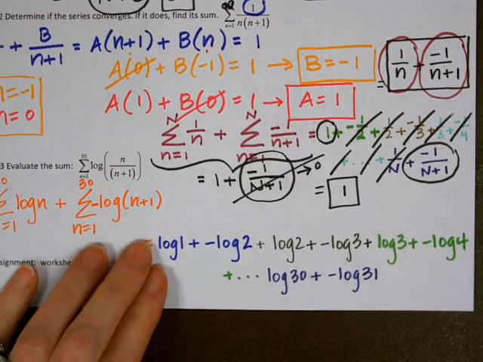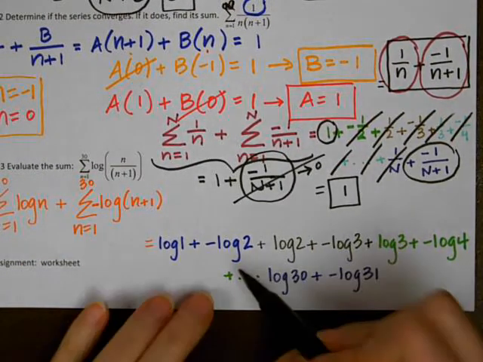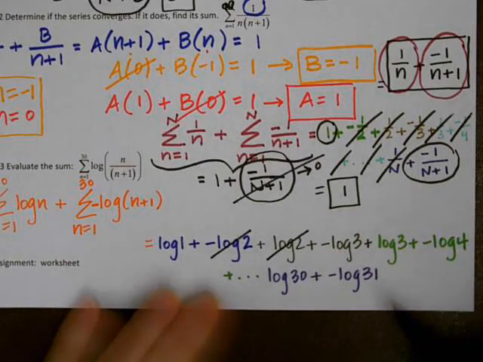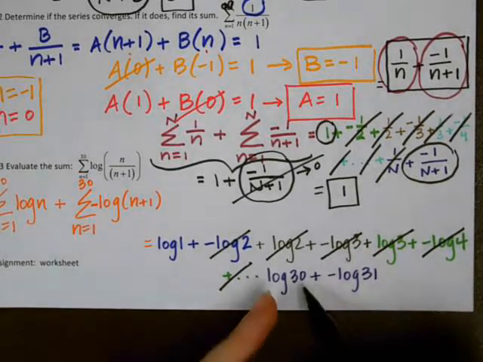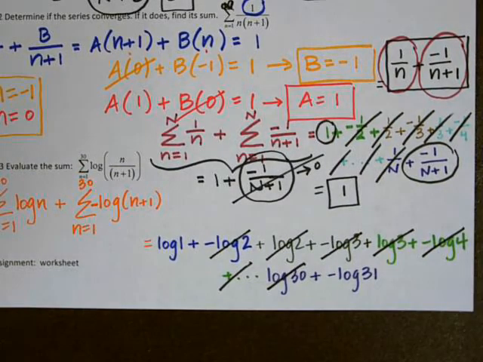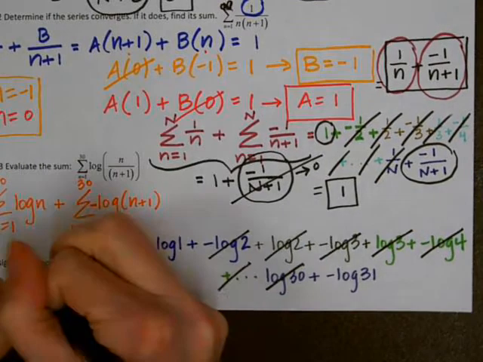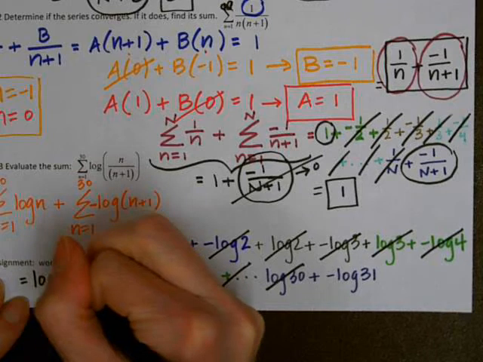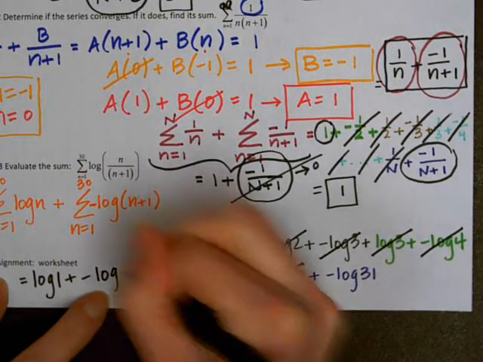All right, now if you notice that pattern again, a lot of stuff cancels. Negative log 2, negative log 3 with log 3, negative log 4 with log 4. There would have been a negative log 30 to cancel with the log 30. And again, you're left with log 1 plus negative log 31.